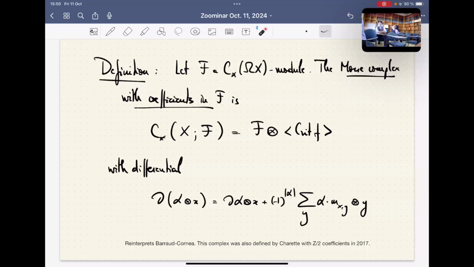And the differential is perturbed. It's perturbed by taking a coefficient, applying to it the differential from the chain complex F, and on the other hand, using the universal twisting cocycle in order to twist that.